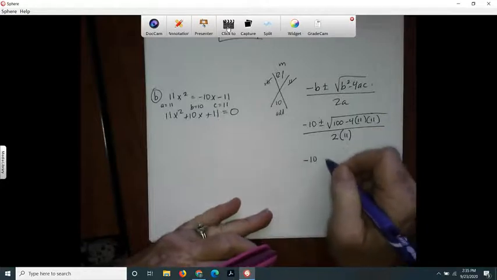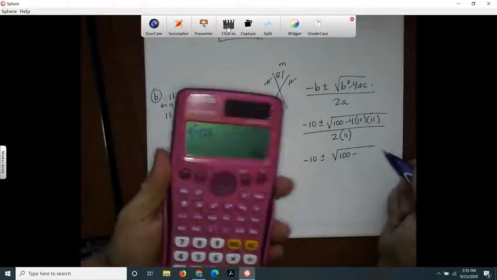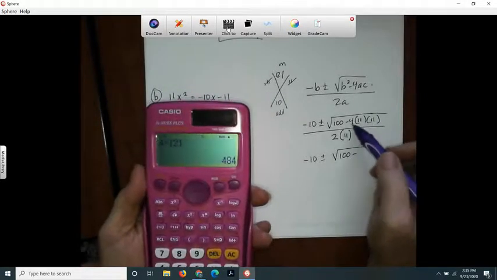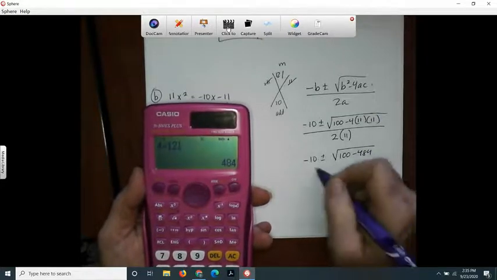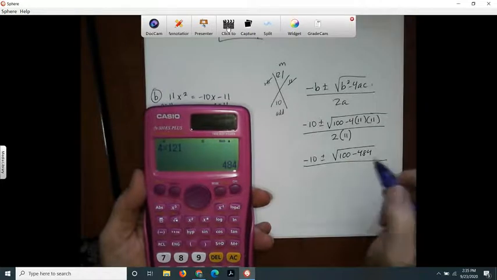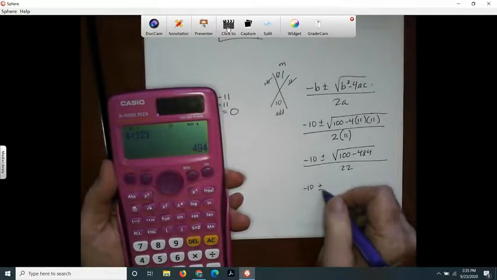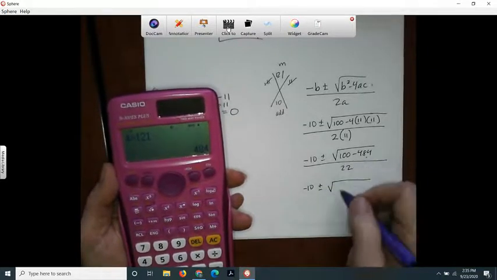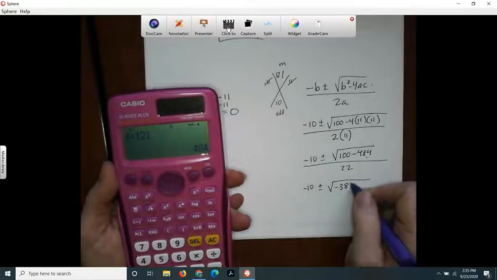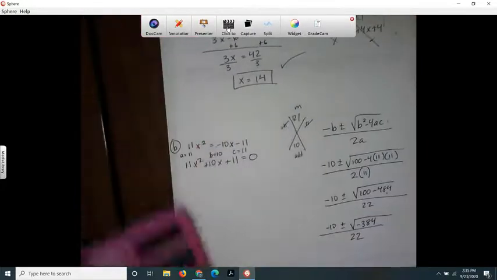Negative 10, plus or minus the square root of 100 minus, we found out that 4 times 11 times 11 was 484, all over 22. I guess that would be negative 384. I'm running out of room.